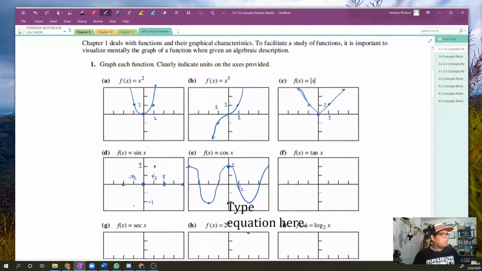Pi halves is 1 and negative 1. So here, let's take this slow. And on this side, there we go. Okay, so now all of you have been twitching at me.